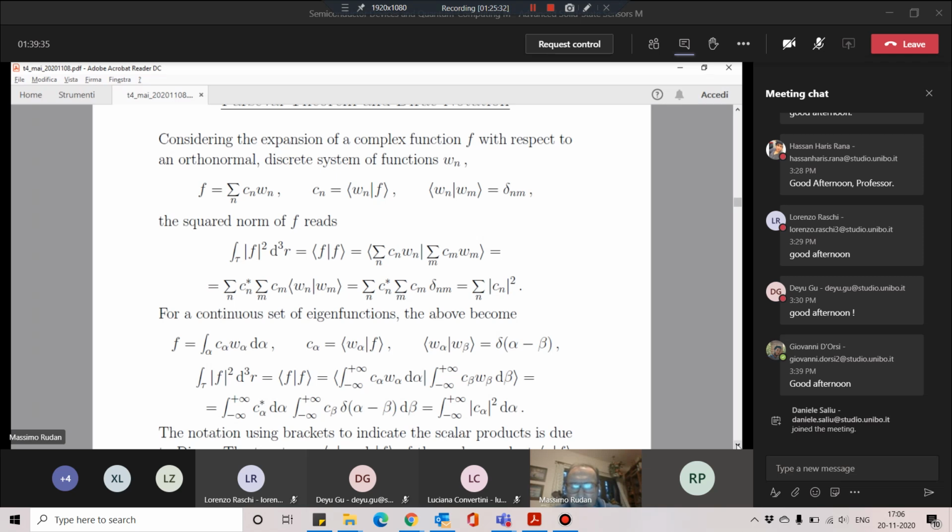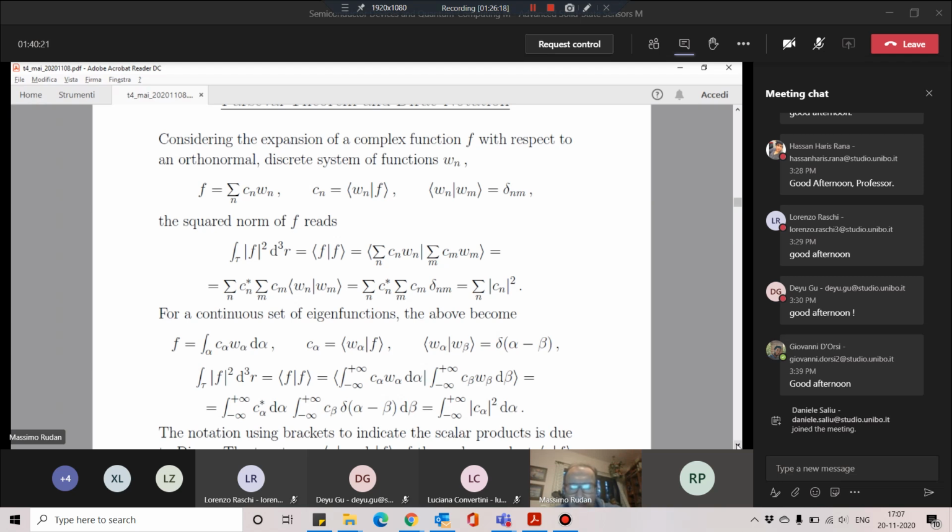And then we simply perform the calculation by considering the properties of the scalar product. So you remember the coefficients that are on the left may come out, but they take the star because they stay on the left. And those that are on the right do not. So we have the sum over n Cn star followed by the sum over m Cm, and they came out of the scalar product. And then we have the scalar product of Wn times Wm, but this is a Kronecker delta.